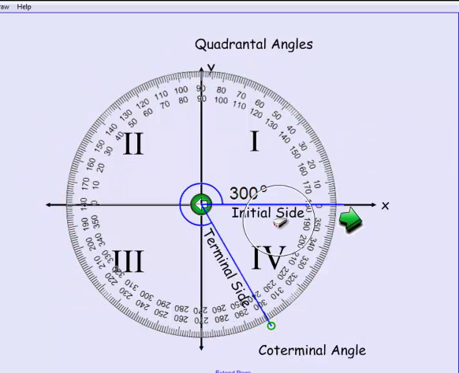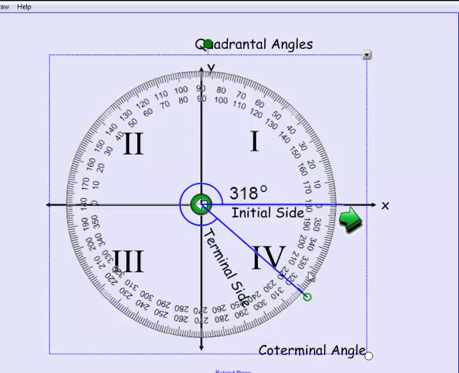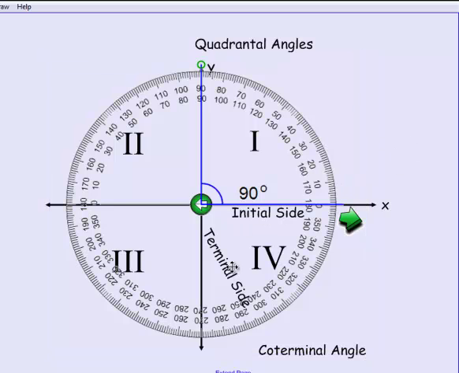The last word we have to see is quadrantal. And that simply means an angle that ends up right on one of the axes. So that's 90 degrees. We still have an initial side. We still have a terminal side. It just ended up really special. It ended up on one of the axes.